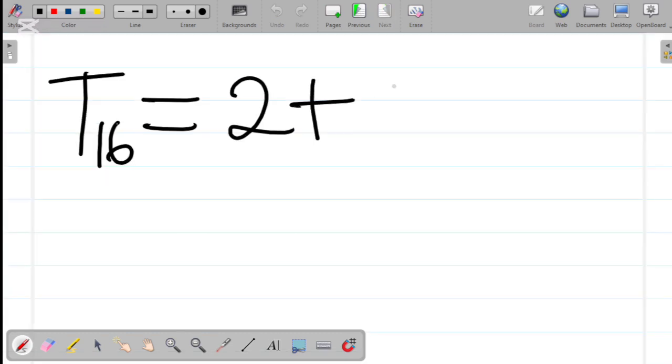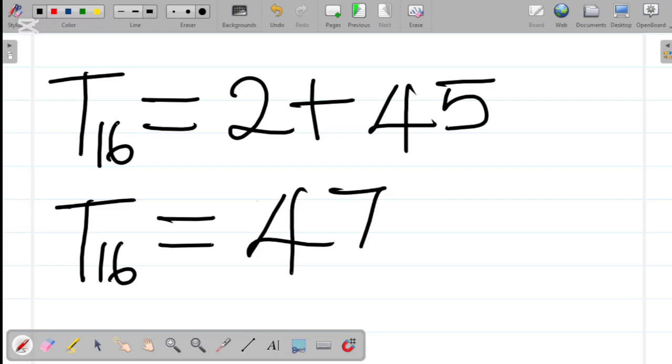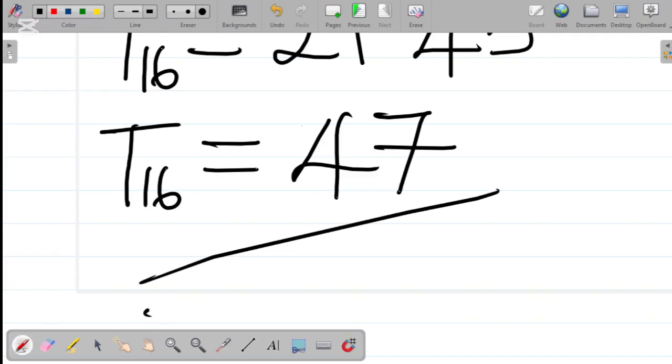It is equal to 45. So therefore T subscript 16 is equal to 47. All right, so this is the 16th term of the arithmetic progression.